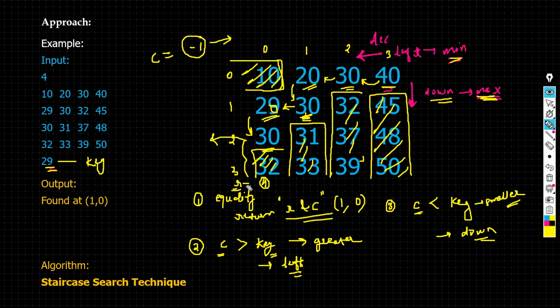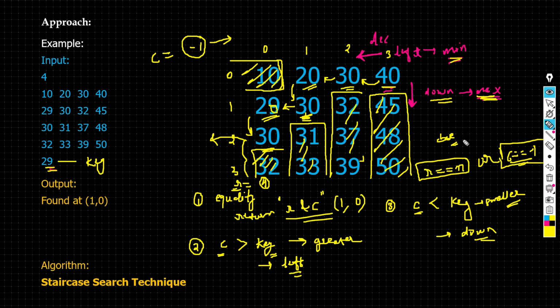So if the row reaches n, there is no index n, or if the column reaches -1, then if either condition is true, we will stop iterating. It means we are not able to find 29. So this is our base condition.